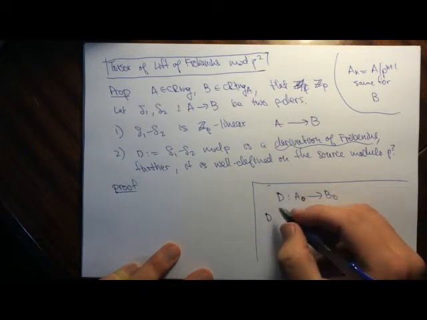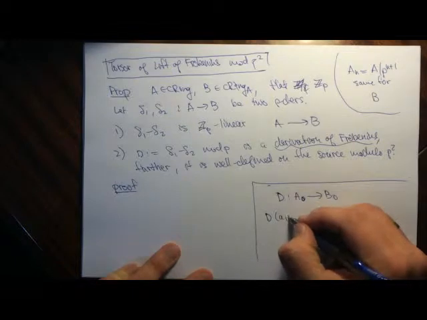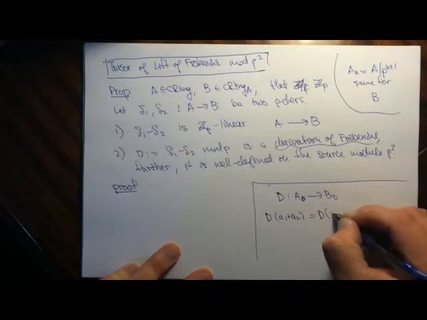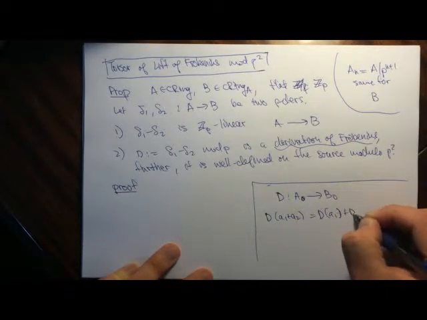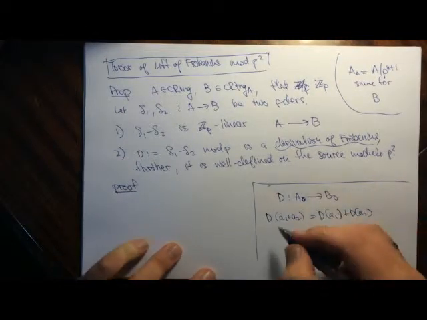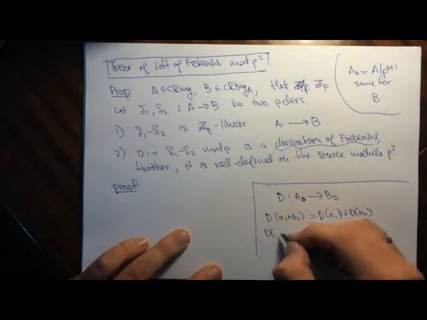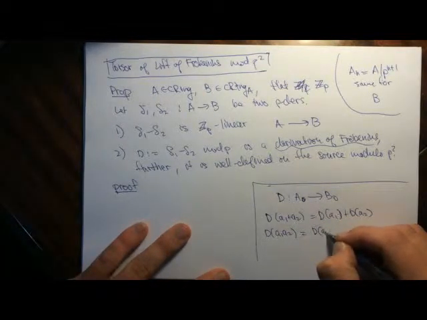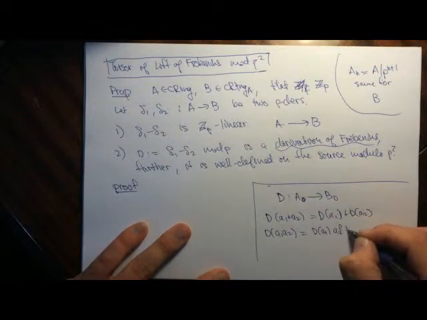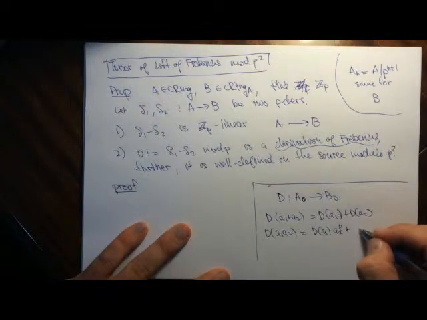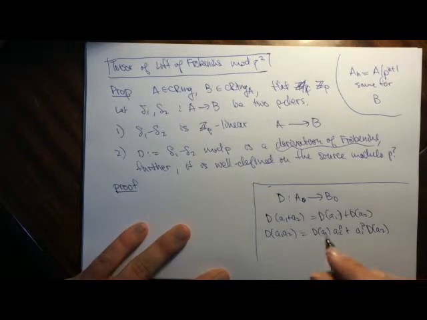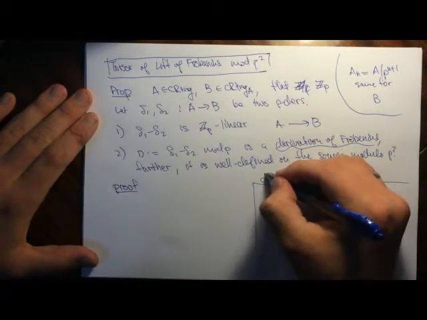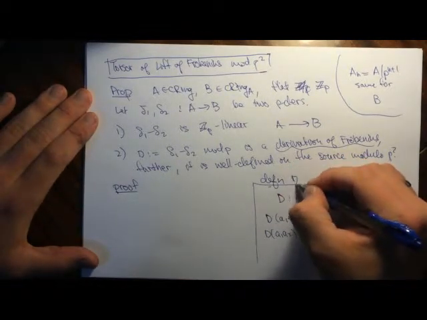This is going to be in characteristic p. It's additive, so a1 plus a2 maps to the sum, and then it satisfies a Leibniz rule, but the Leibniz rule involves the characteristic p Frobenius. Okay, so this is the definition of a derivation of Frobenius.